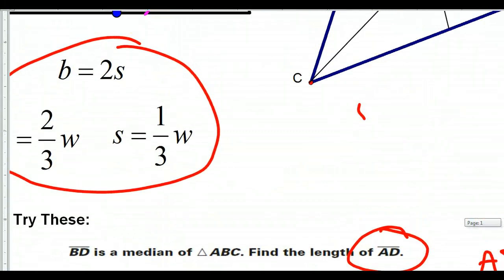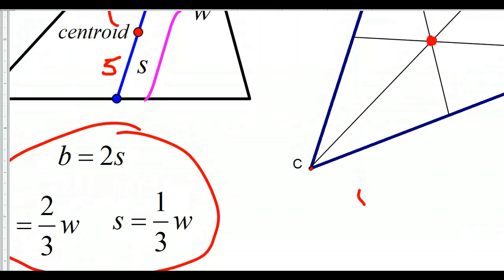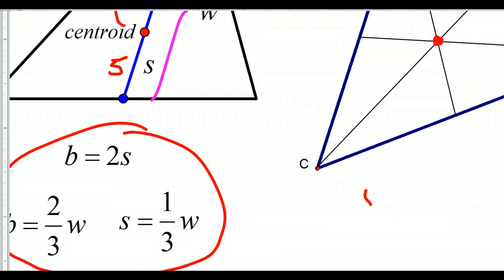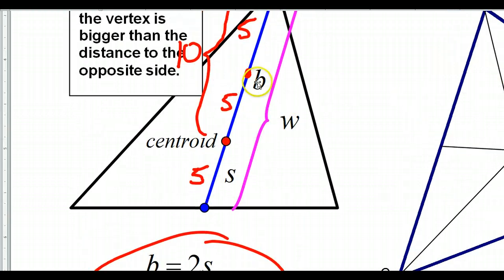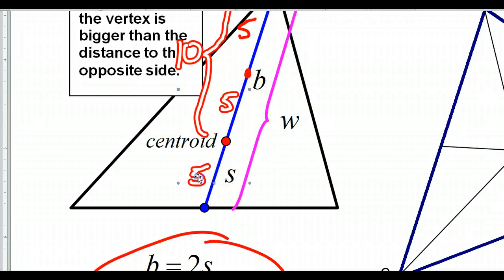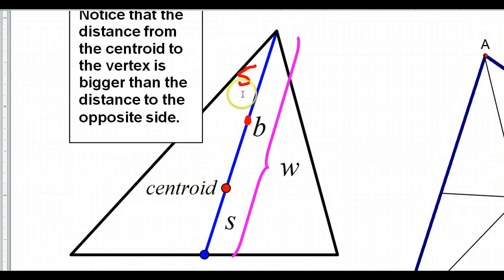Looking back at the notes, when we introduced the centroid, I gave you these 3 formulas, the relationships between the big part and the small part and the whole thing. Let me get rid of that because we don't need that.